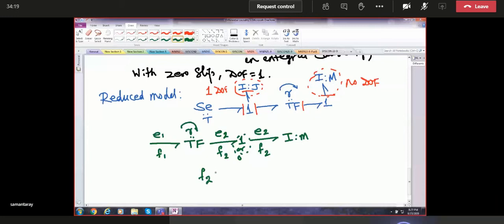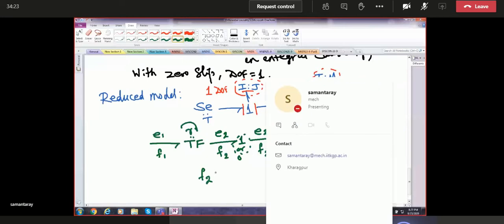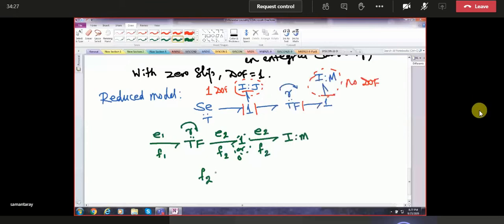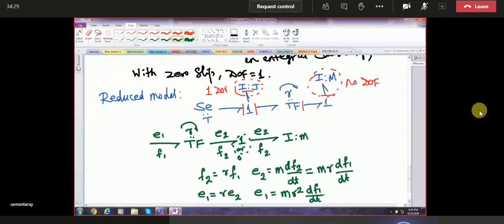So E1 is equal to m R square times dF1/dt. So we have E1 directly related to F1. So this one we can replace by E1 F1, where I is related by an equivalent mass, m R square.